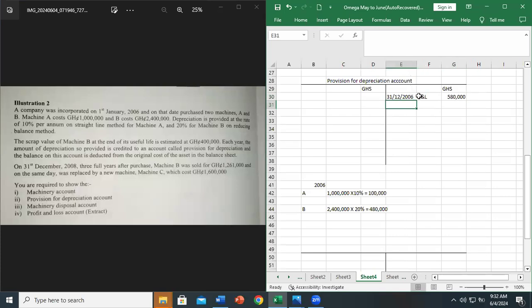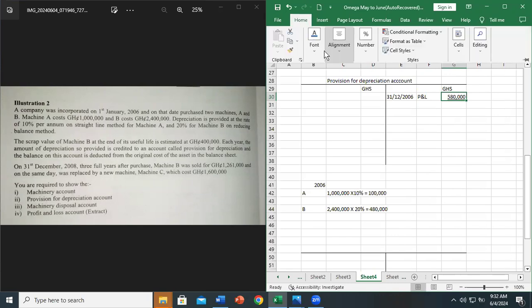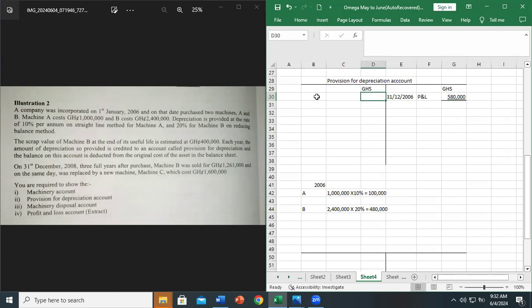We didn't sell any asset to debit anything. So we balance and move on to the next year. Our carry down will be $580,000 as well.